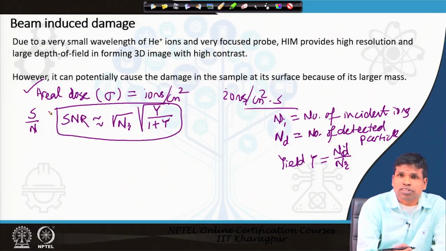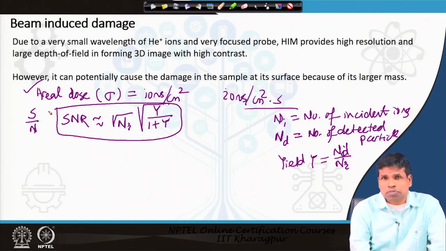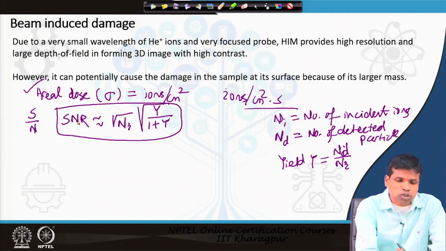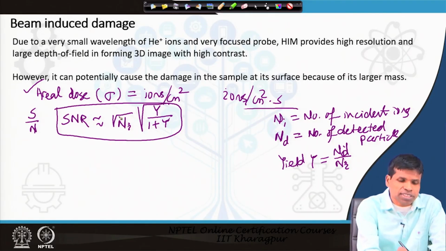So, the signal to damage ratio should be as high as possible. We know this signal to noise ratio should be at least 3 to 5 to have better contrast on the image. So, in order to have a signal to noise ratio of approximately 5, Ni should be around 25, because the root over of 25 is equal to 5.